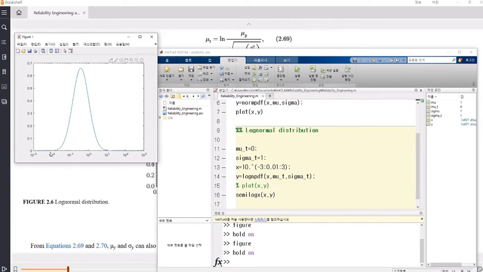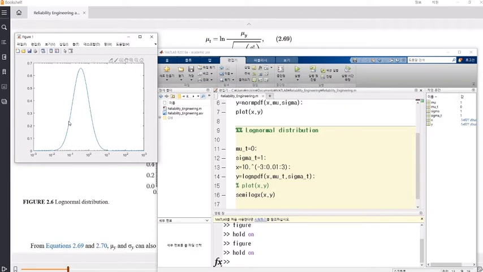So if we change x into log scale, then the shape of the graph now looks like a normal distribution. Of course, when we use the linear scale for x, the graph will look a little different. But when we utilize the log scale for x, the graph looks like a normal distribution.